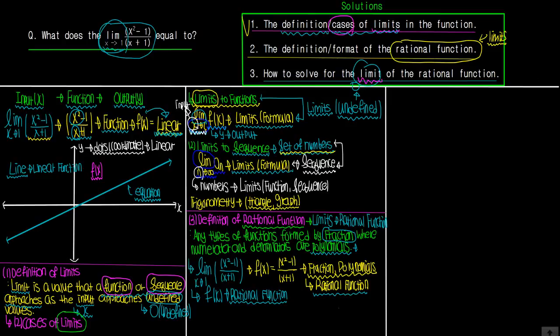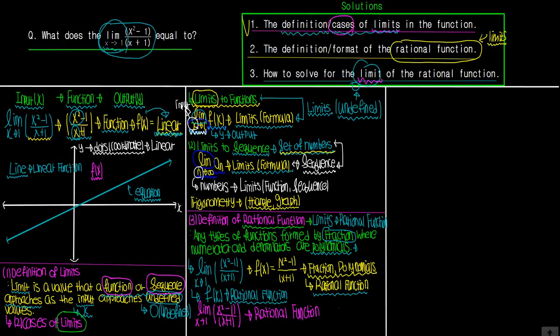Let's write our question down again, a little higher because we're running out of space. The limit as x, our input, approaches 1 of f of x, which is x squared minus 1 over x plus 1.